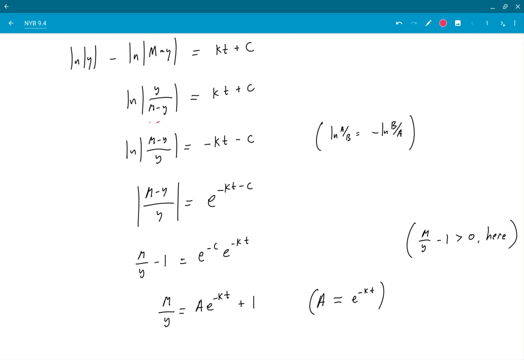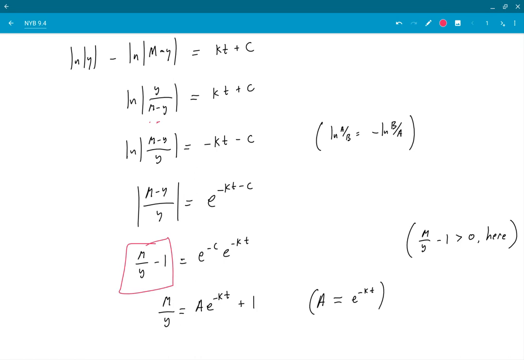Pause and copy, sorry, if you haven't done so already. This one's a bit strange. What did I do? I wanted to flip this fraction. So flipping that fraction brought a minus out here, but I brought that minus over to the right-hand side. I have an absolute value here, but it can disappear because I notice that this fraction here is, in this case, positive.